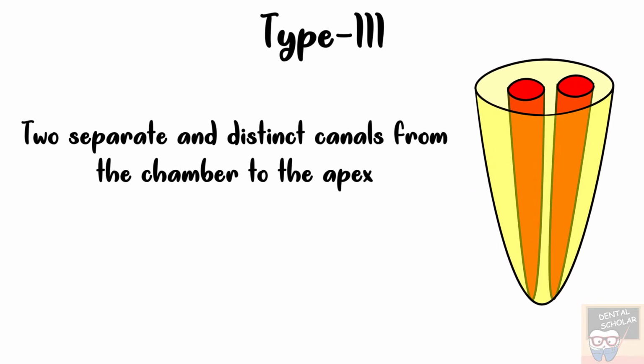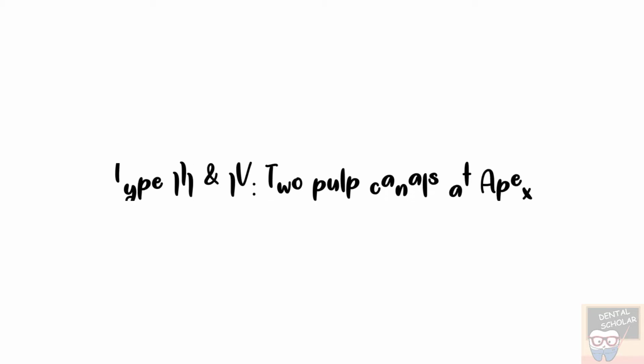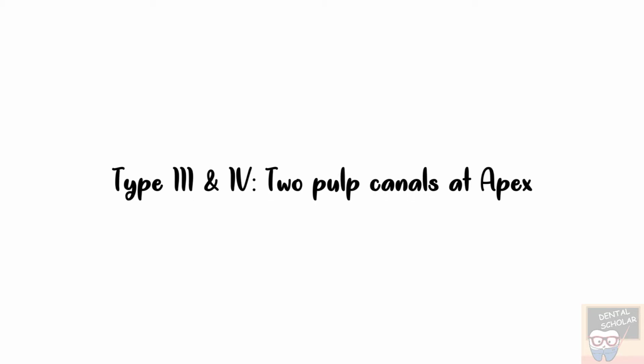In type 3, two separate and distinct canals are seen from the pulp chamber to the apex. While in type 4, one canal is seen leaving the pulp chamber, but it divides into two separate and distinct canals before the apex. So, in type 3 and 4, there are two pulp canals at the apex, or you can say there are two apical foramen.